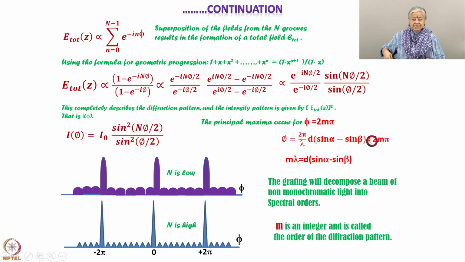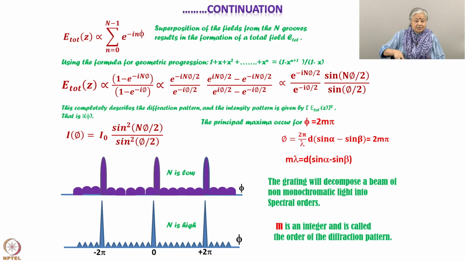So at these values of phi you get very high intensity. Here I have just written m is an integer and is called the order of the diffraction pattern, that I told you even last time. Depending on the order of the diffraction pattern, at those points you are going to get very sharp, high intensity lines.